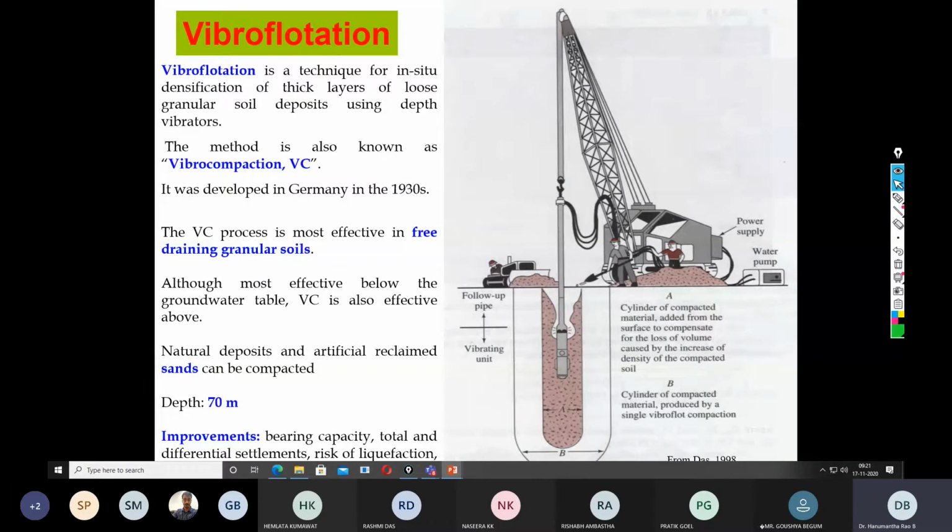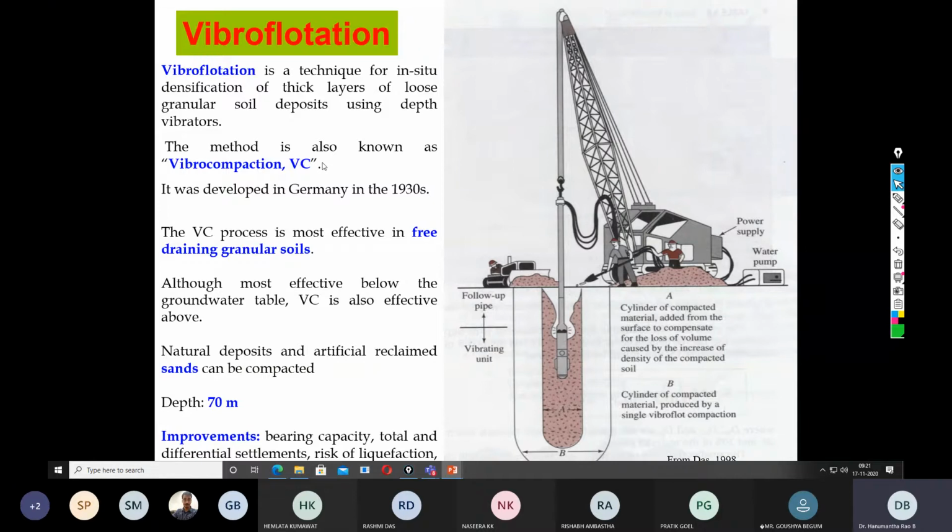I will demonstrate these three techniques schematically in the subsequent slides. But when you come across terms like vibro compaction, vibro replacement or vibro displacement, you should understand that everything is related to vibro flotation.